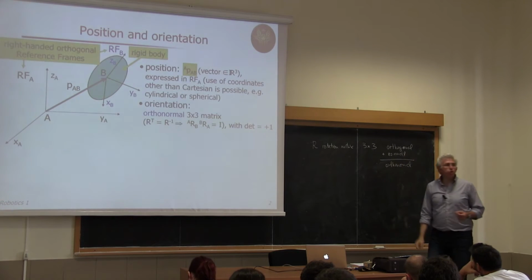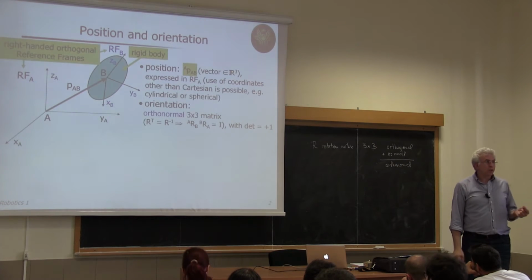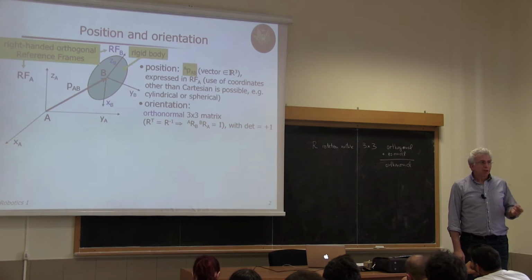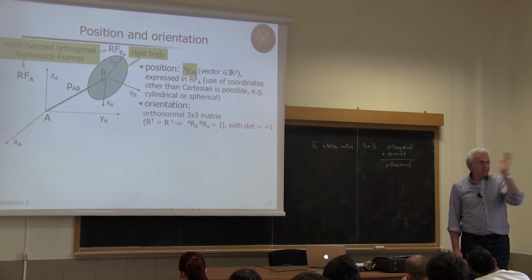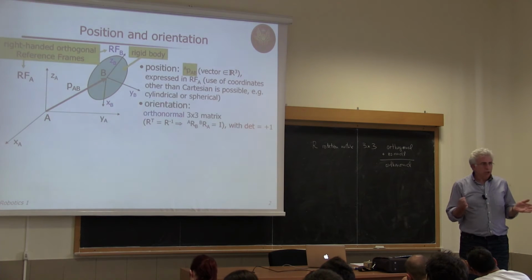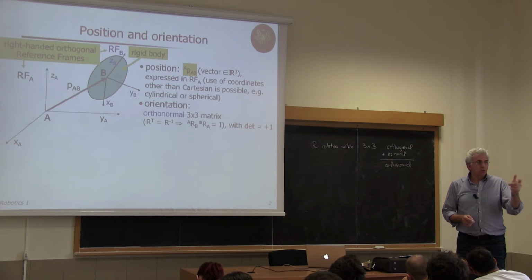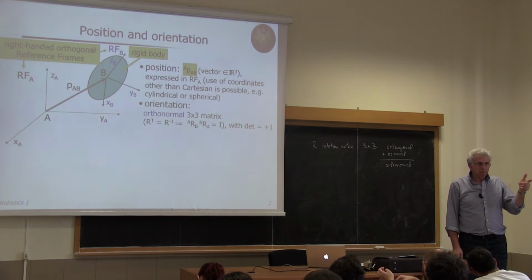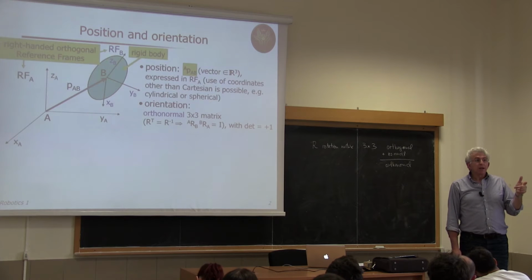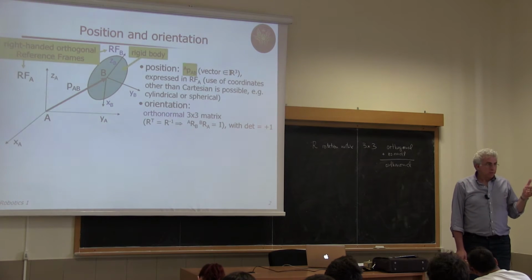Do you know what an orthonormal matrix is, or an orthogonal matrix, or a normal matrix is? Well, a matrix can be represented by vectors, its columns, and a matrix is orthogonal if the columns are orthogonal to each other. For instance, the three unit vectors along x, y, and z are orthogonal. Okay? It's normal if its columns have unit norm.